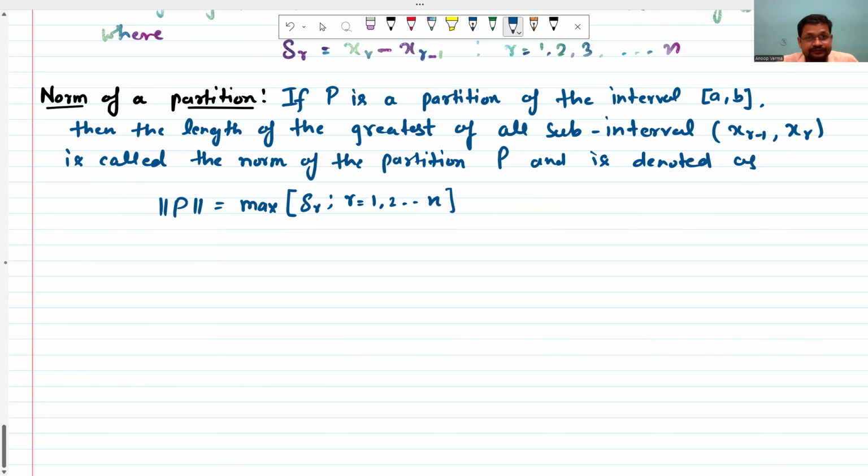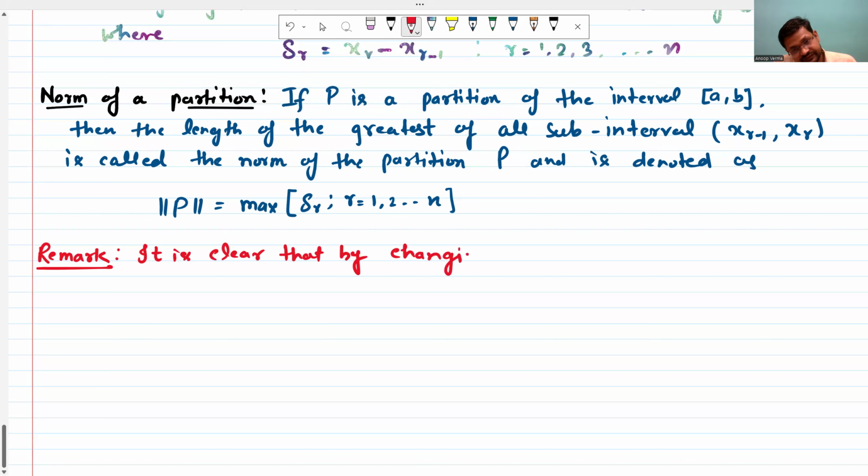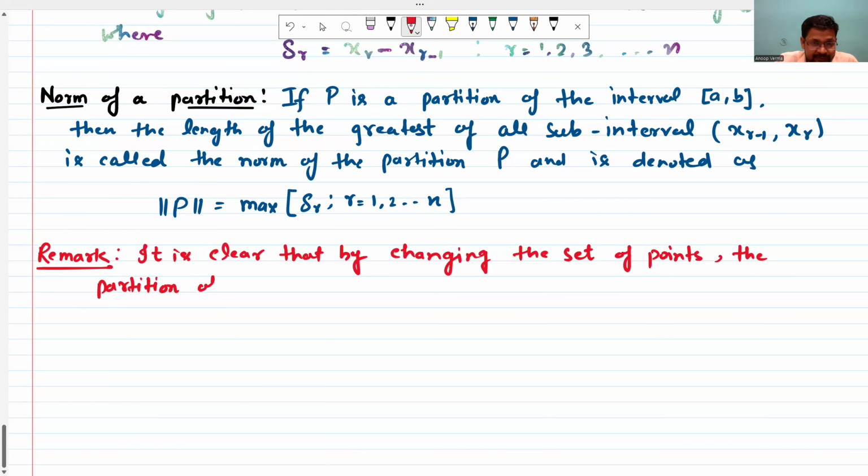So you can just write here, remark: it is clear that by changing the set of points, the partition of the closed interval a comma b can be changed.